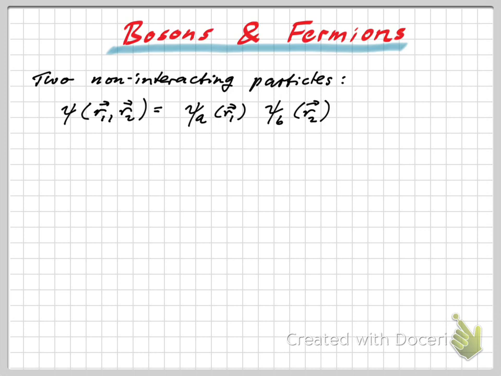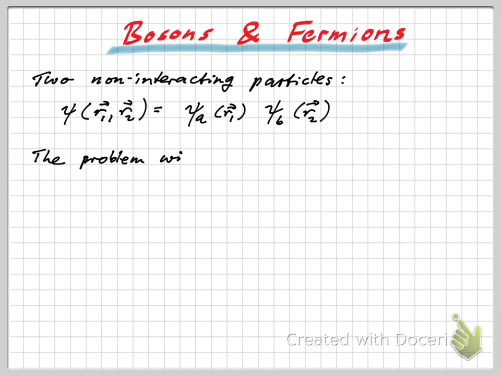The r1 variable refers here to the location of the first particle and the r2 vector refers to the location of the second particle. So we basically get this product because we want the first particle to be here and the second particle to be there. So we discussed that.